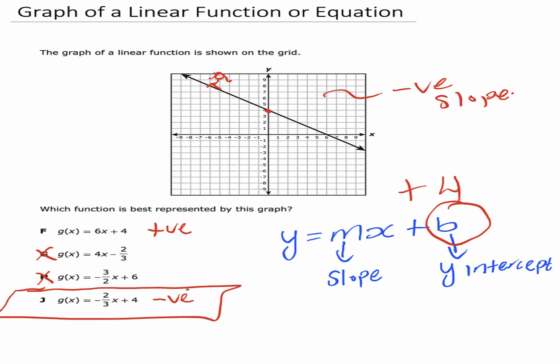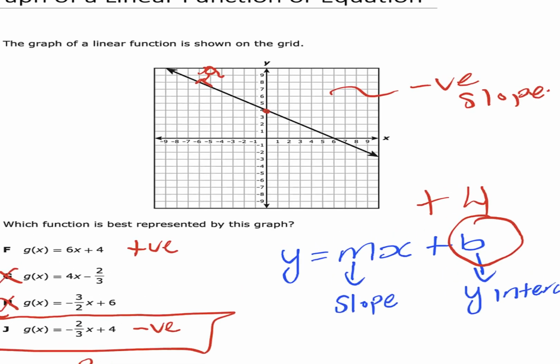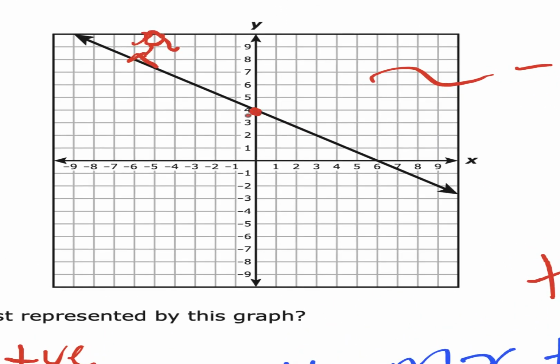If you really want to prove that your slope is negative 2/3, we can do that. I'm going to keep my y-intercept here, and then I'm going to find another good point, which is here, which is this 6. And I'm going to draw a triangle. So I'm going to try my best to draw a nice triangle connecting the 2 points.